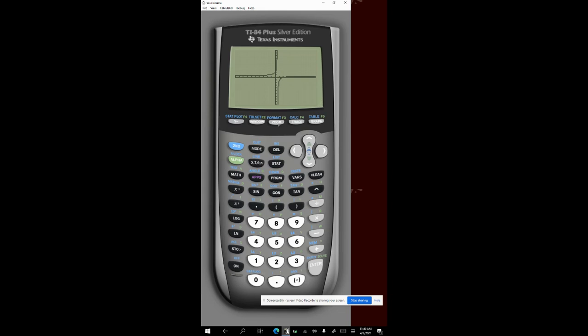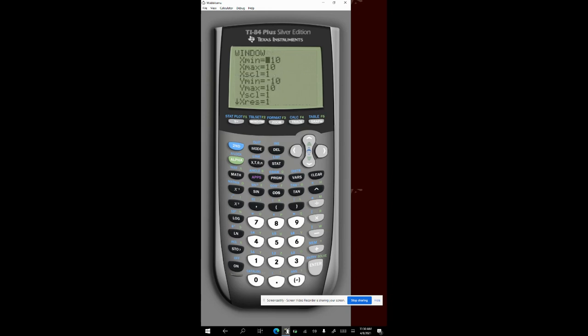Now, if I trace, as I go to the right, and I keep going to the right, it keeps getting bigger and bigger, right? But it only gets bigger to a certain extent.